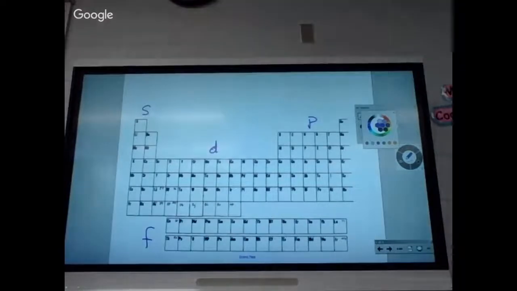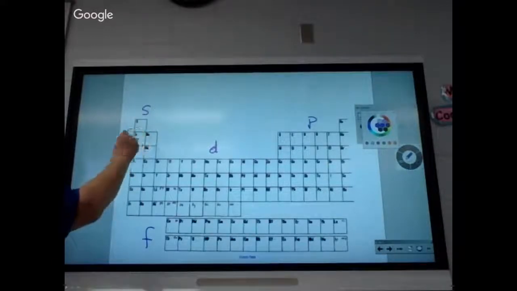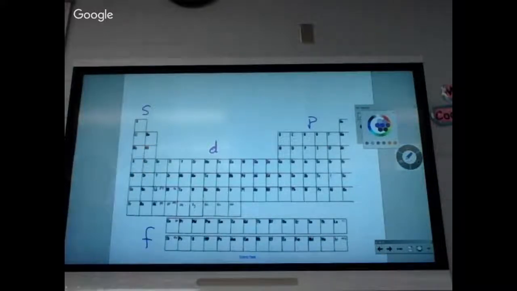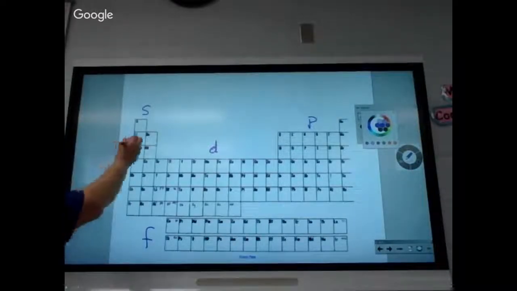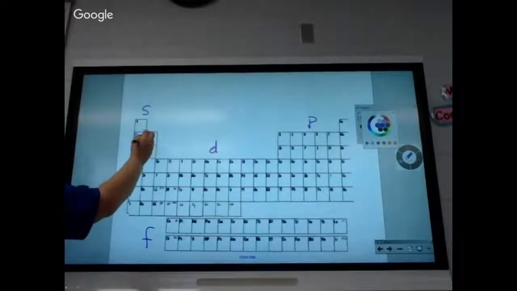So when you look at this and you're struggling and you look at this S block and you go, how many does S have? So how many electrons can S hold? 2. Exactly. That's the answer. Because S can hold 2, just like any S sublevel.